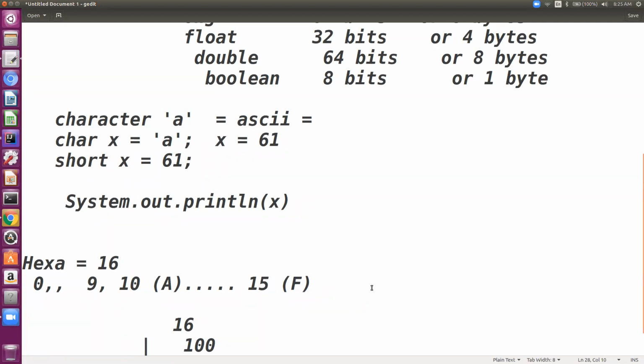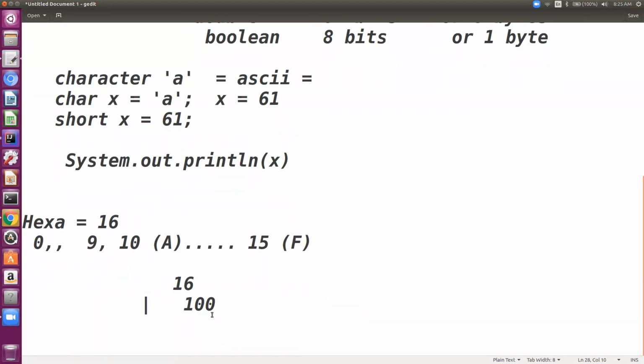Okay, 16 fours are 64, 16 fives are 80. So I will write 5 here. What is the remainder? 16 fives are 80, so remainder is 20. Oh no, that can't be. Then 16 sixes are 96. Remainder 4, right?